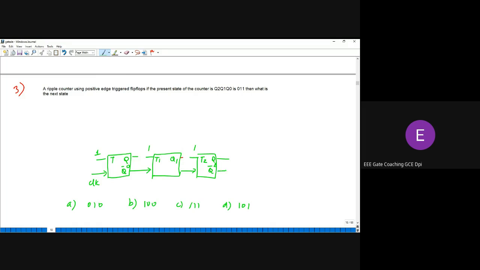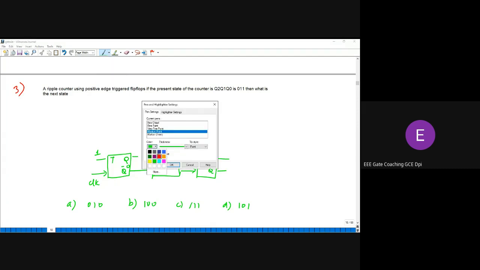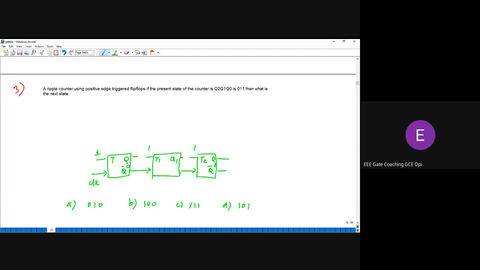So what is a T flip flop? The toggle flip flop, yeah. So what is a toggle flip flop? If T is 0 and clock is 1, then Q of t plus 1 is Q. Okay, if T is 1 and the clock is on, then it is the inverse of the present state.